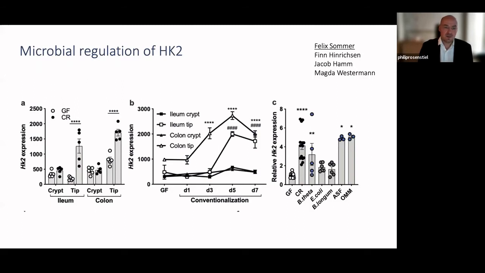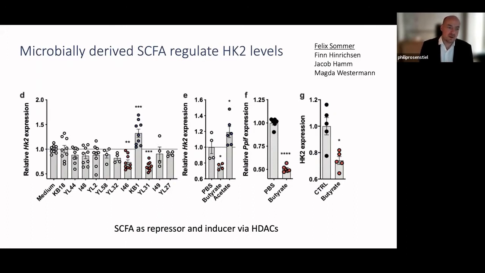As there was strong induction by OMM, and these strains are known, Felix and the group went on to show that if you dissect certain microbes in this oligo consortium, there is both repression as well as induction in the supernatants from these individual bacteria.